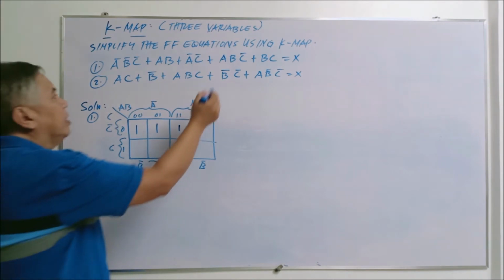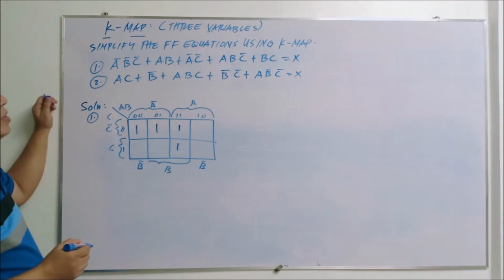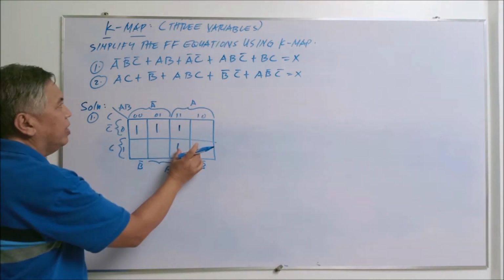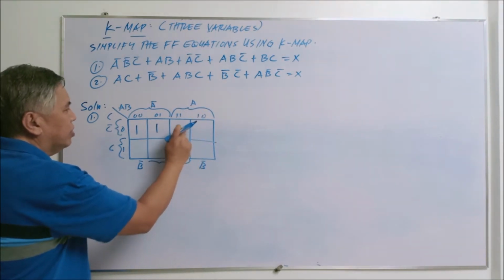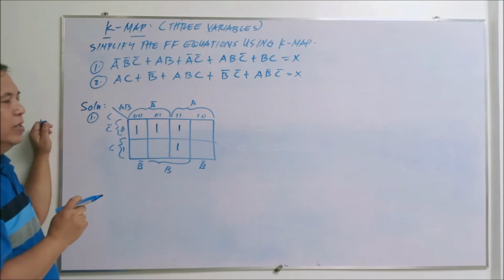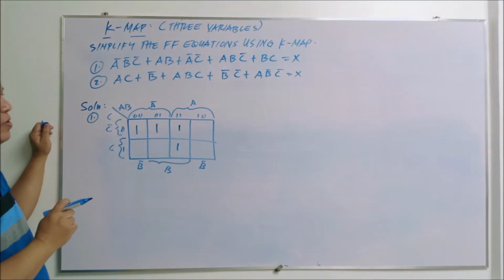And then you have A, B, C bar. Where is that? You have A, these 4 cells is A, then B, these 2 cells, then C bar, that is this one. Since there is already a 1, we no longer place a 1.